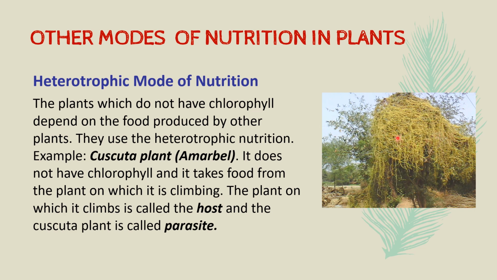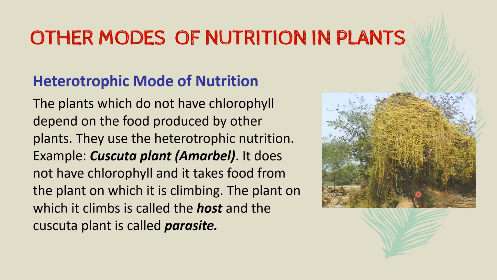You can see that plant has a yellow color, does not have chlorophyll, and cannot prepare food. You can see in the picture that the plant is on another big tree. Yes, can you see that?